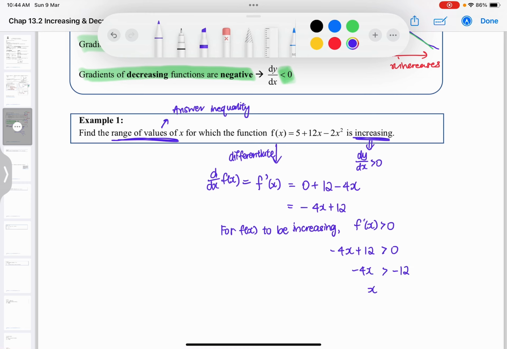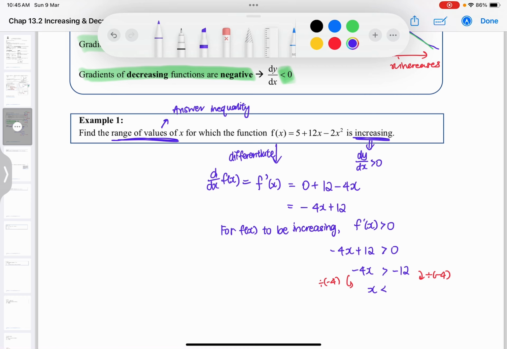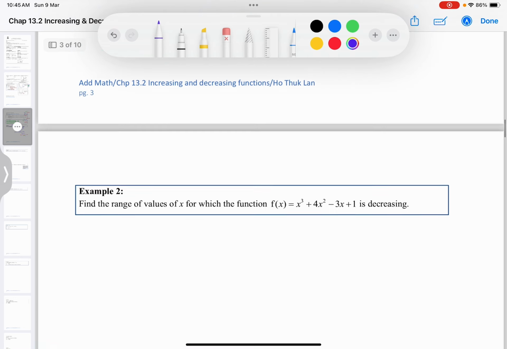So x is this point when I divide by negative 4. I will have to flip the inequality sign. Just take note, 12 divided by 4 gives me 3. So take note that this sign is flipped. Alright, so that's the answer. Range of values of x, so it has to be an inequality.